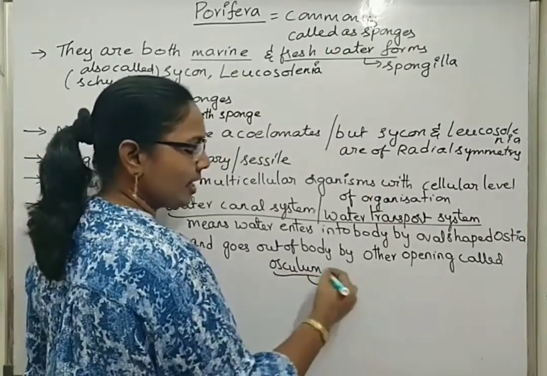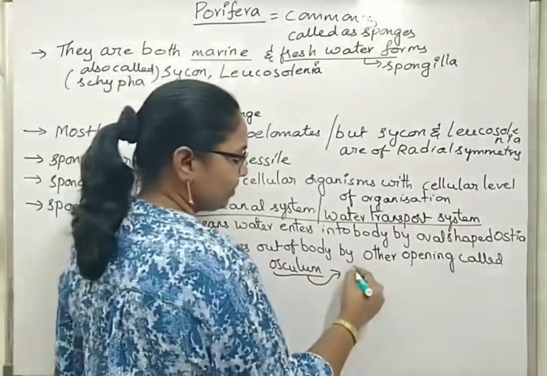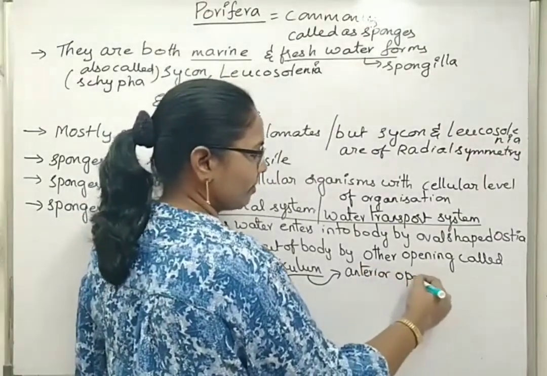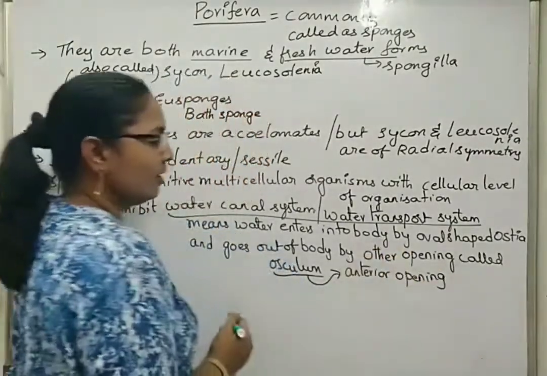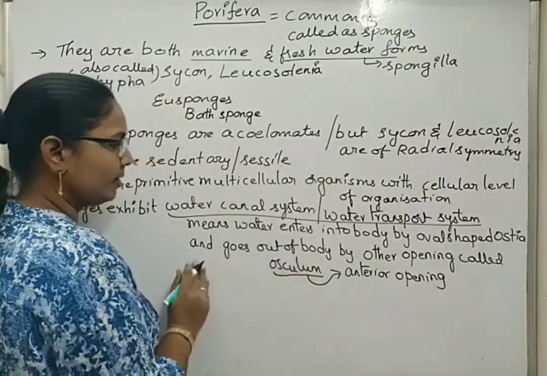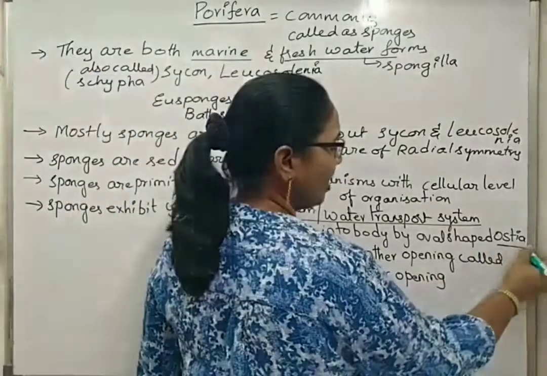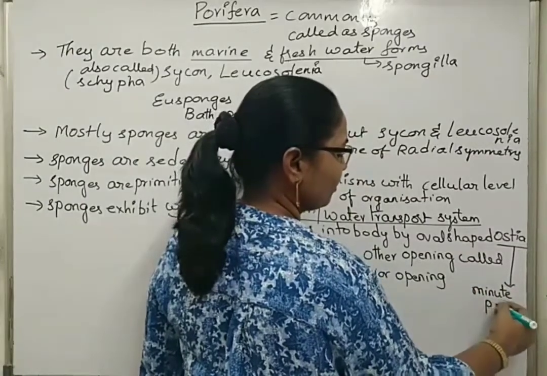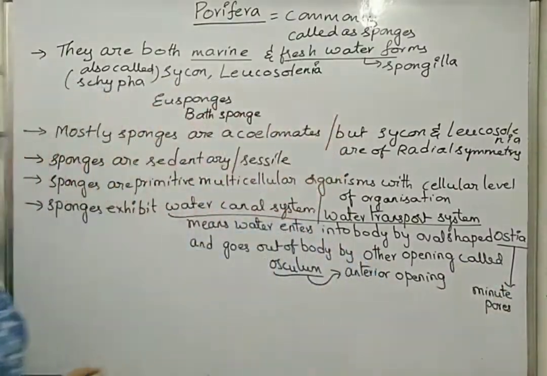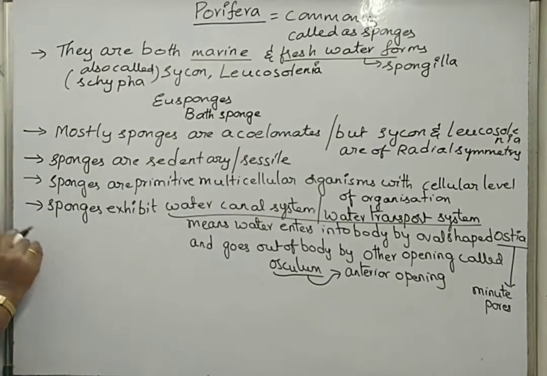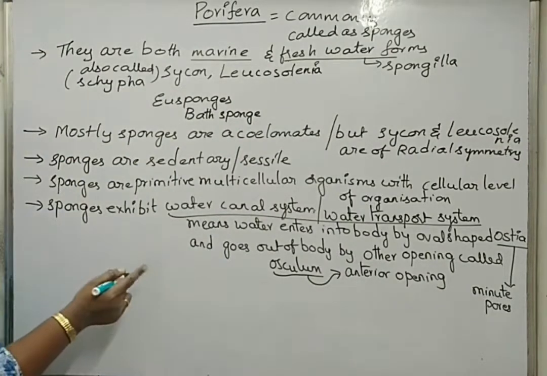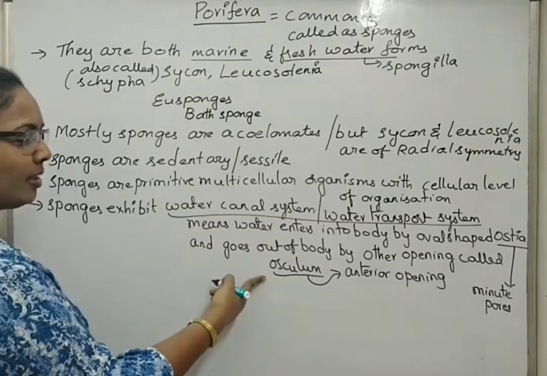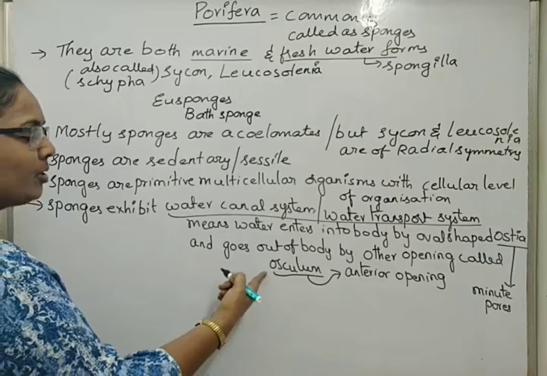Osculum is also considered as anterior opening. These ostia are also termed as minute pores. From ostia, water enters into spongiocele. From spongiocele, water goes out of the body through osculum.